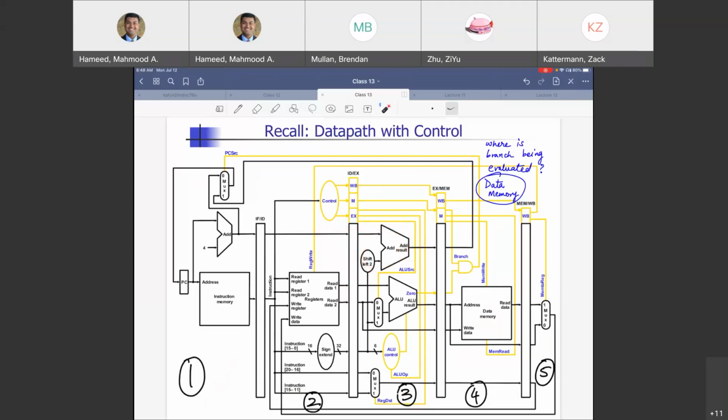Now, you can do two things with that penalty. One, no operation, stall the pipeline, do nothing there. Or a better option could be what Peter just said. Use something from the target and put that into the pipeline, because you know you're going to have to work on it anyway. That works in certain scenarios.